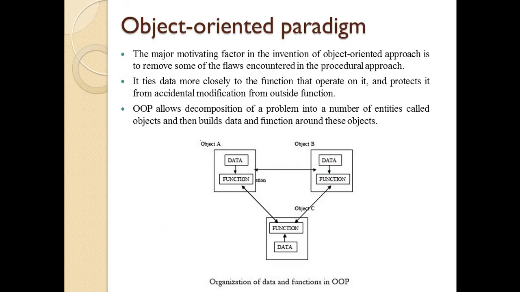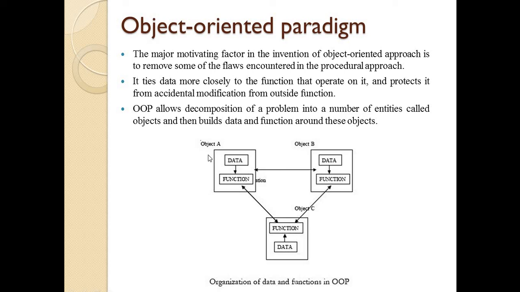Okay. Since we spoke about C++ being both procedural as well as object-oriented programming, we already know what procedure-oriented programming means, but we don't know about object-oriented programming, right? The object-oriented approach was developed to remove some of the flaws or drawbacks encountered in the procedural approach. This object-oriented paradigm ties the data more closely with the functions.